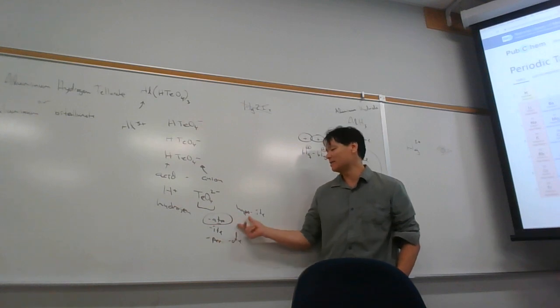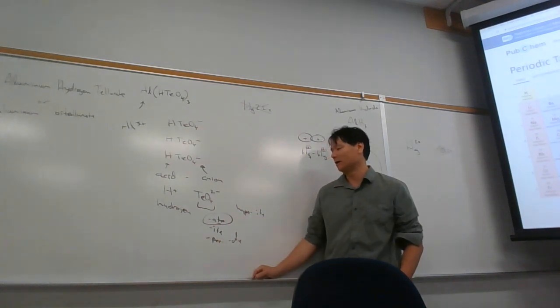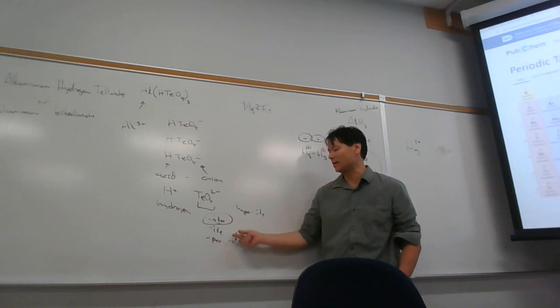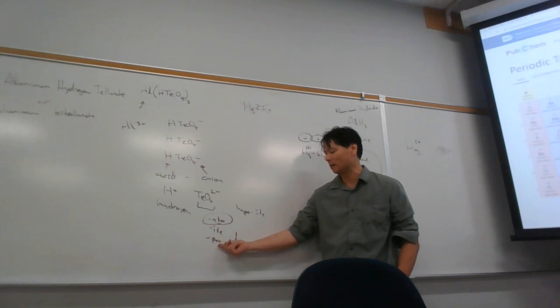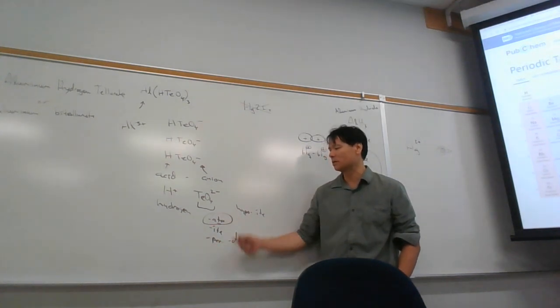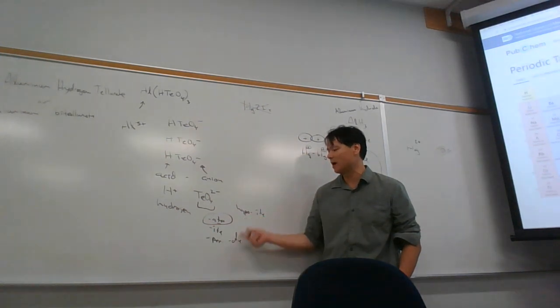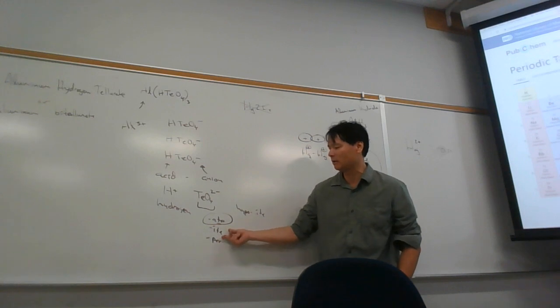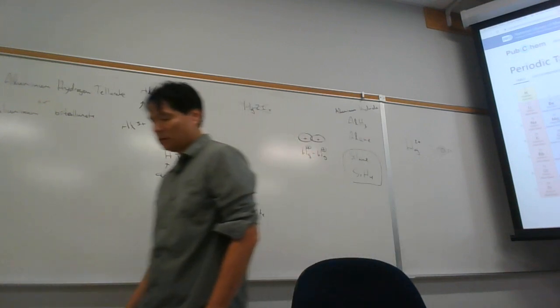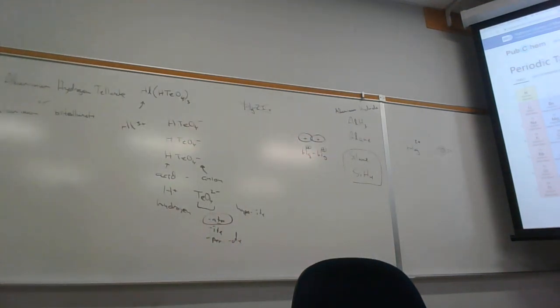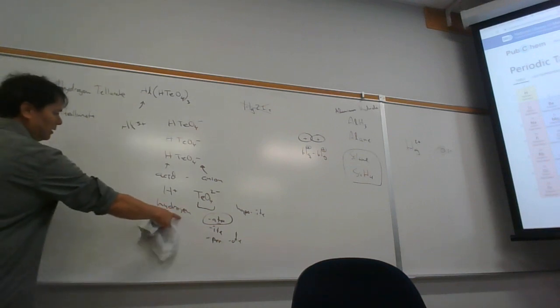And the hypo-ites have 2 less oxygens than the -ates, or 1 less than the -ite. Hypo means lower, per or hyper means higher. So the per-ates are going to have 1 more oxygen than the -ates. But not everything forms hypo, not everything forms per, and not everything forms -ites either. But if you memorize the -ates, then you're okay.